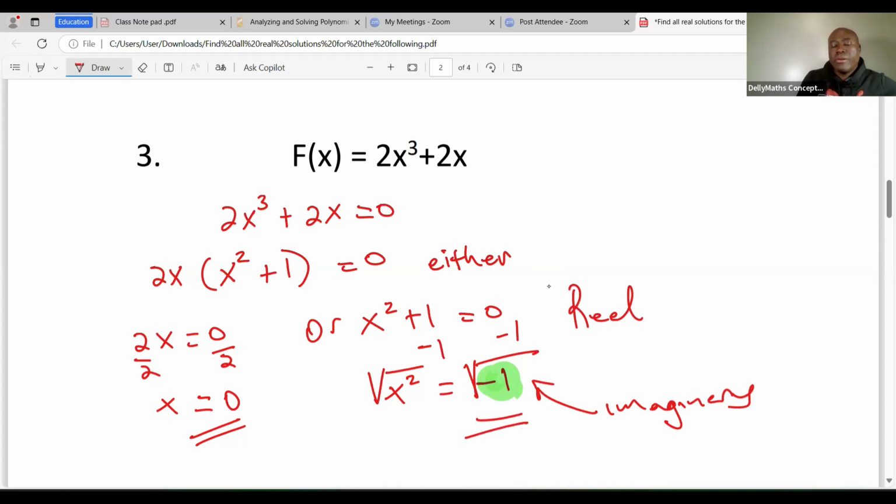This won't work. This is not going to give us a real solution. So the only real solution that we have for this problem is x is equal to 0. What it really means is that this graph only crossed the x-axis once. That's what it means. See you next time when we do another video.